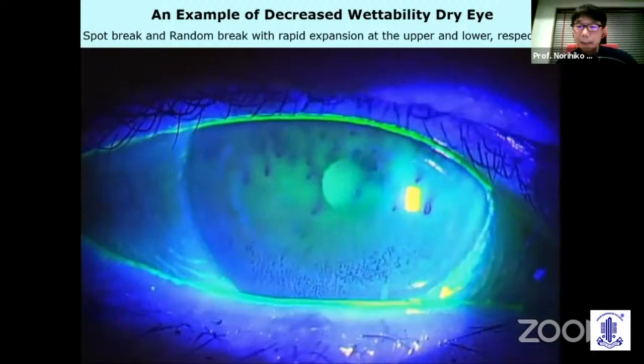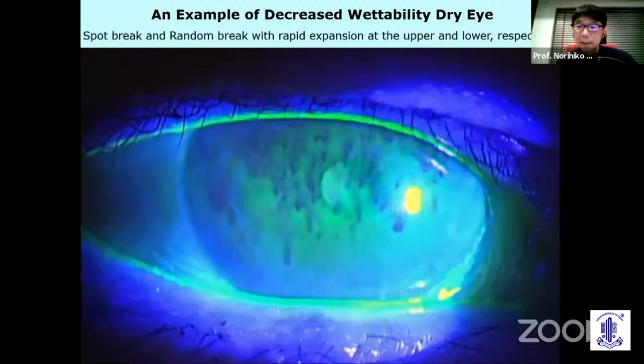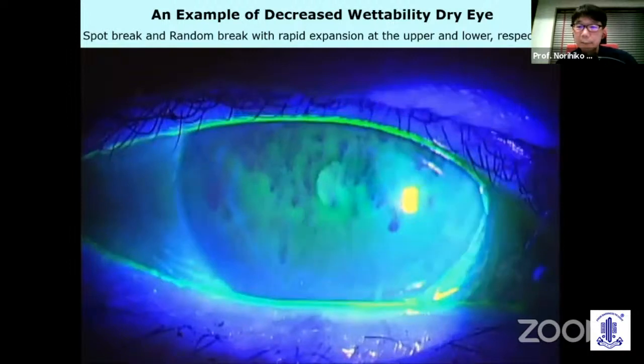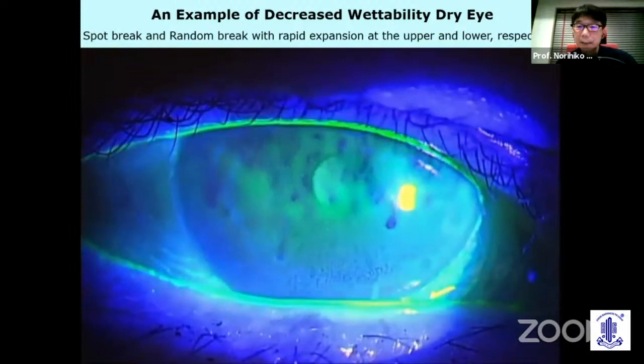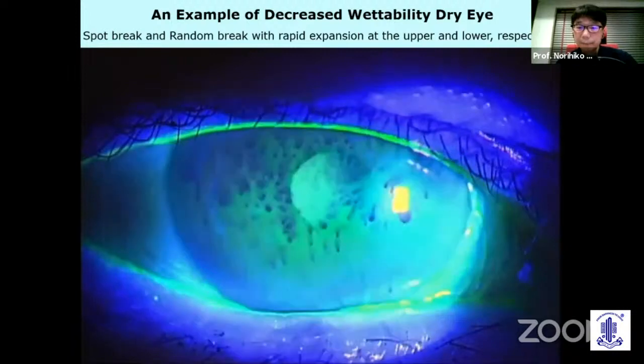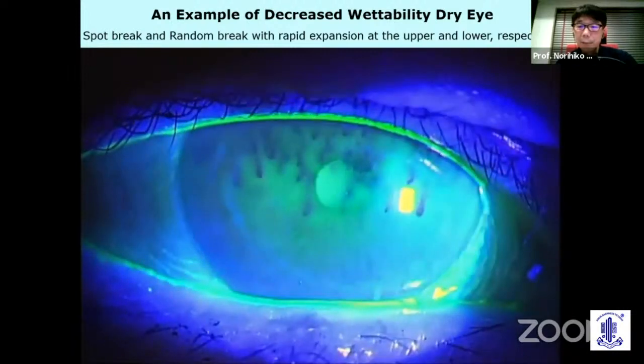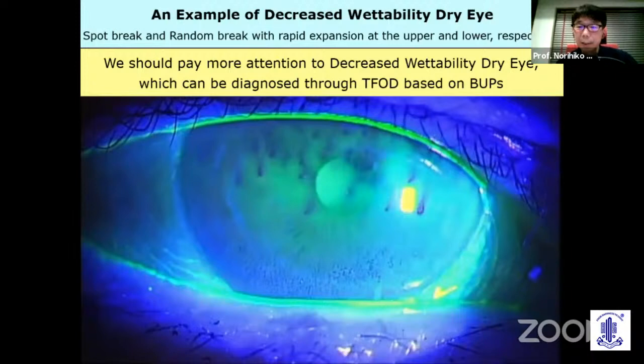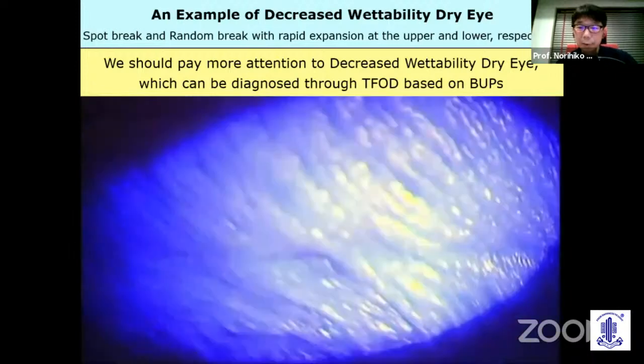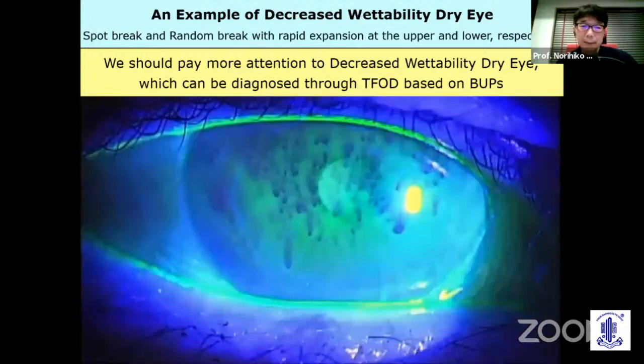Spot and random break with rapid expansion both correspond to the breakup patterns seen in decreased wettability dry eye. We should pay more attention to decreased wettability dry eye, which can be diagnosed through TFOD based on breakup patterns.